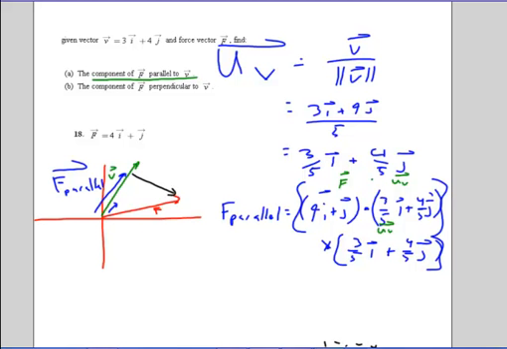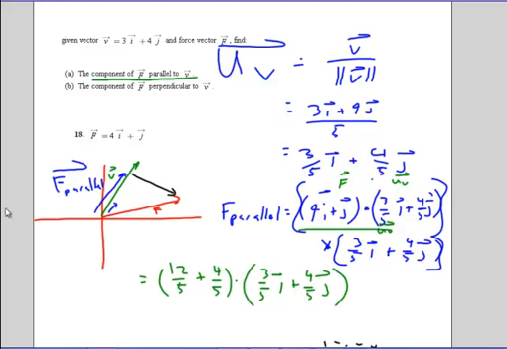Okay, so what do we got there? Well, if we simplify that, looking at the top piece, we've got 12/5 plus 4/5 multiplied by 3/5 i plus 4/5 j.